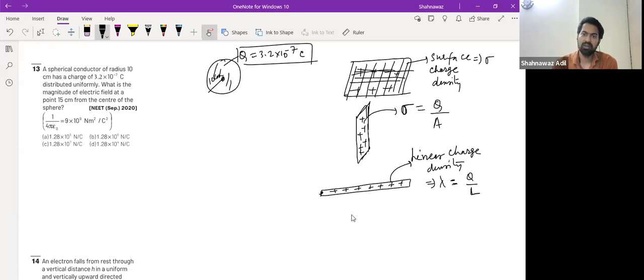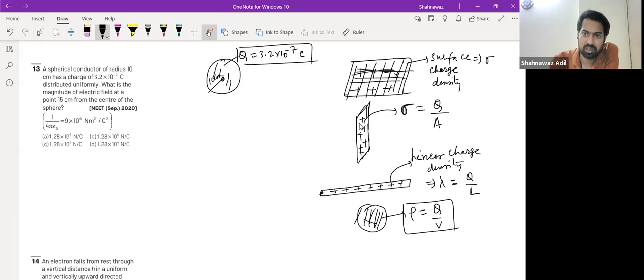And if I have this sphere which is filled, this will have a volumetric charge density, which is rho. Okay, so I just diverted from my initial topic, but just to recap these schematics.